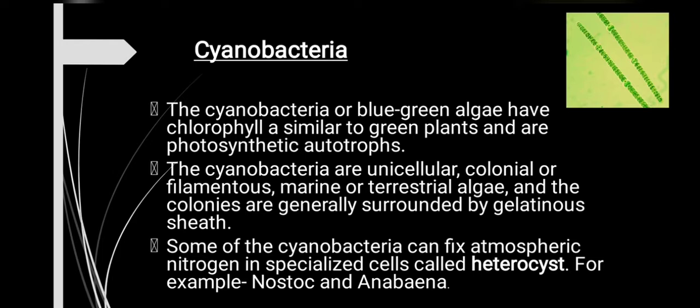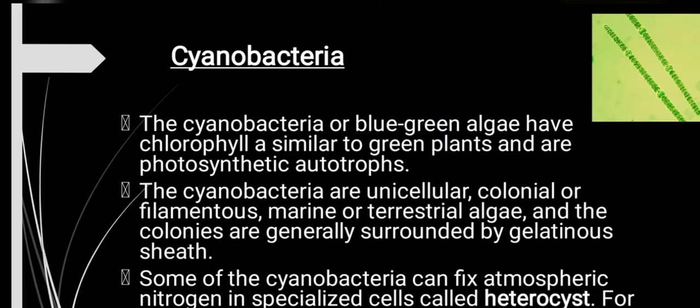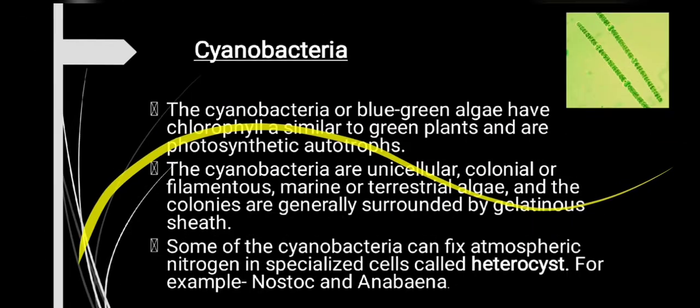Heterocysts are specialized cells present in cyanobacteria which help in fixing of atmospheric nitrogen. Examples of cyanobacteria are Nostoc and Anabaena. This is a picture of Anabaena in which these enlarged cells are the heterocysts, and they are filamentous algae surrounded by a gelatinous sheath.